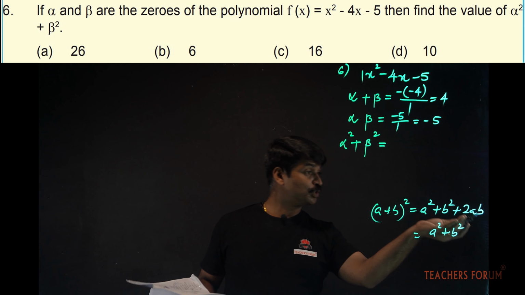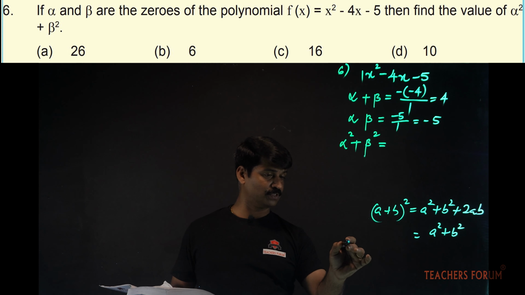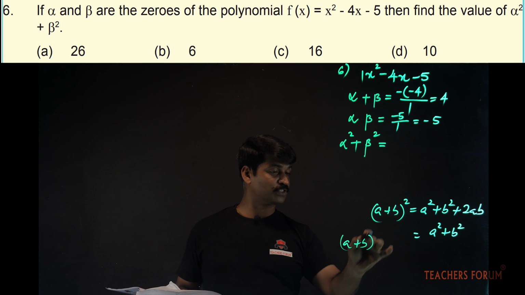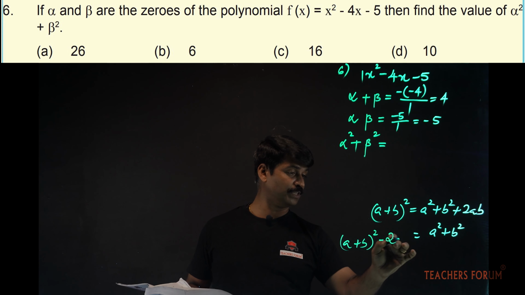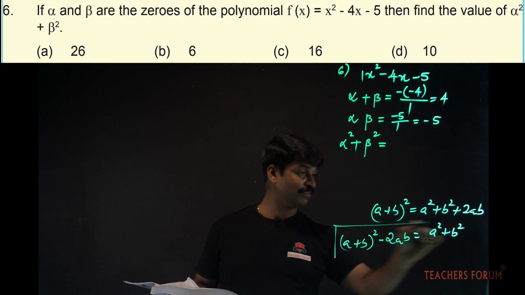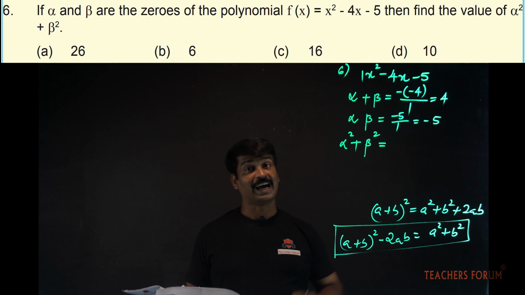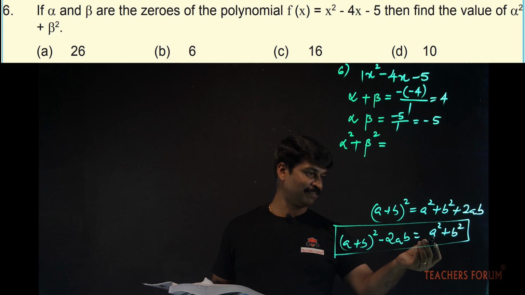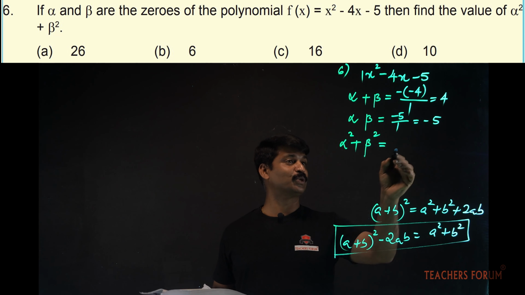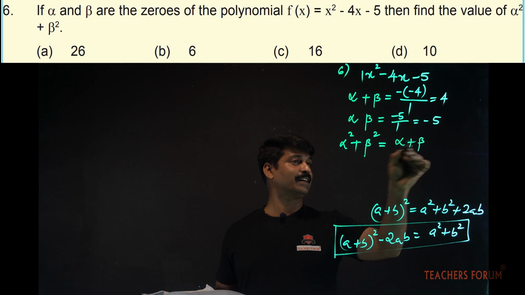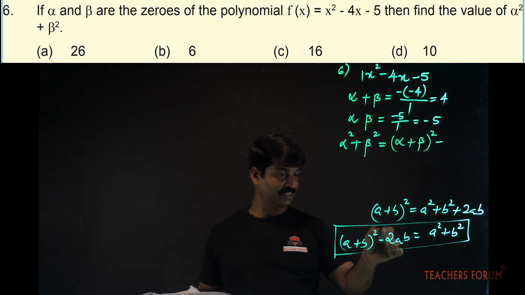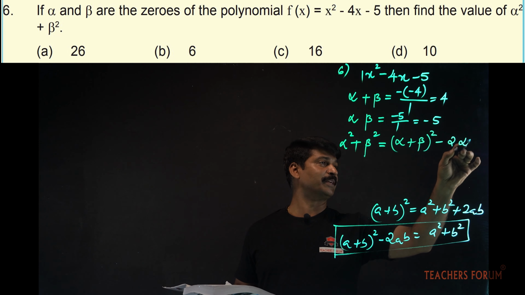You have to take 2ab to the left side. So it becomes a plus b the whole square minus 2ab. That is the value of a square plus b square. So alpha square plus beta square will be equal to alpha plus beta the whole square minus 2 alpha beta, according to this relation.